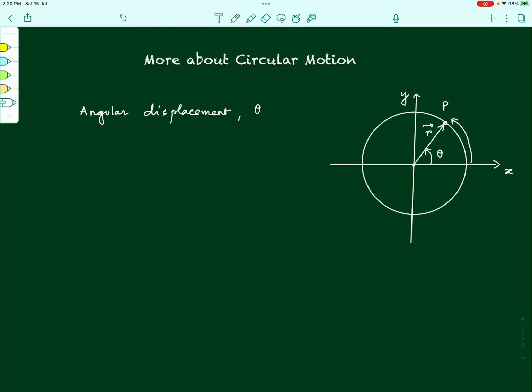So, as you see here, the motion takes place in the xy plane. We say that for this anti-clockwise displacement theta, the direction of theta will be perpendicular to the xy plane, along the z axis. In fact, since the theta measured is in the anti-clockwise sense, it is along the positive z axis that the direction of theta will lie.